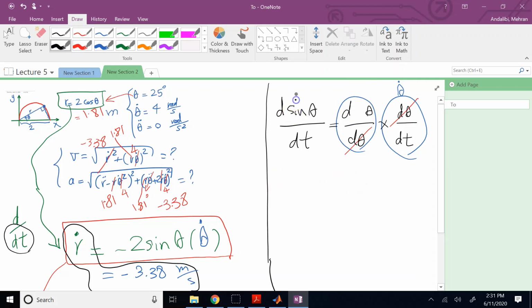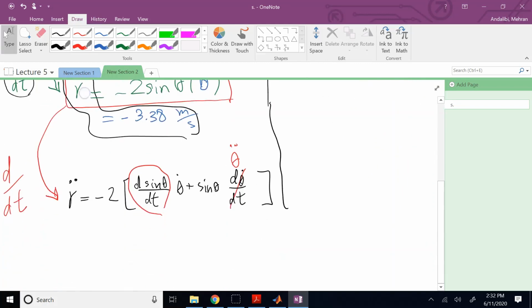And again, since these are two different variables, first, I take the derivative of sine of theta with respect to theta, and then derivative of theta with respect to time. Now this from calculus is cosine theta, but you also have a theta dot. So this guy is going to be cosine theta times theta dot.